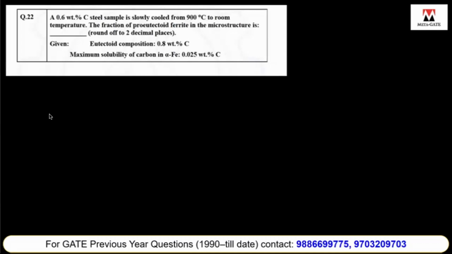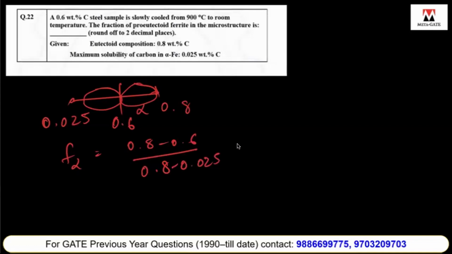So it's given as 0.025 and eutectoid composition is 0.8. The pro-eutectoid ferrite composition is alpha. So here 0.68 is given.